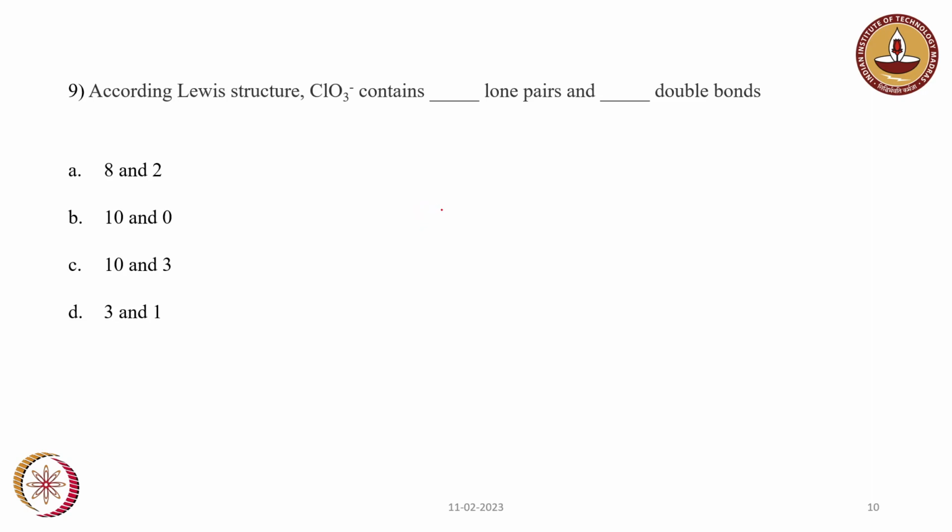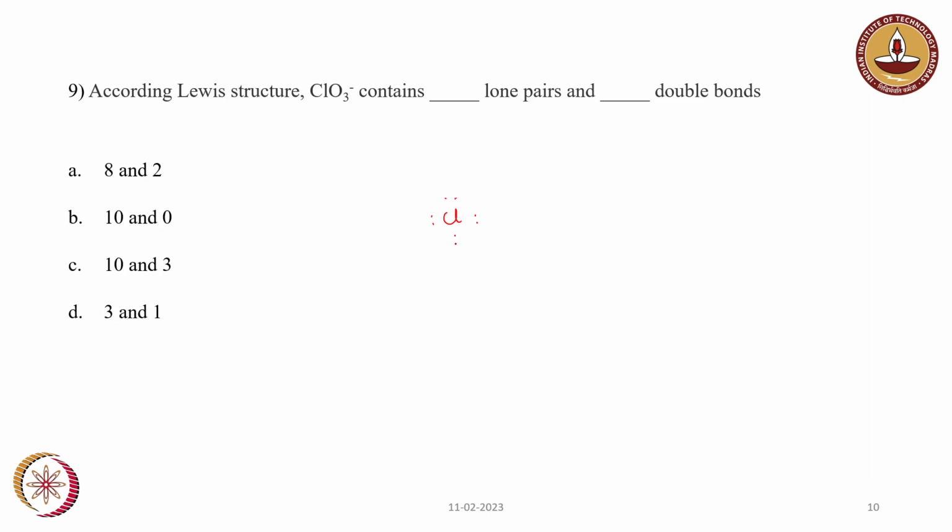So we can take chlorine as the central atom. Chlorine has 7 valence electrons, and we have 3 oxygens and 1 negative charge. Chlorine already has 7 electrons, so it needs only one more electron to complete its octet.